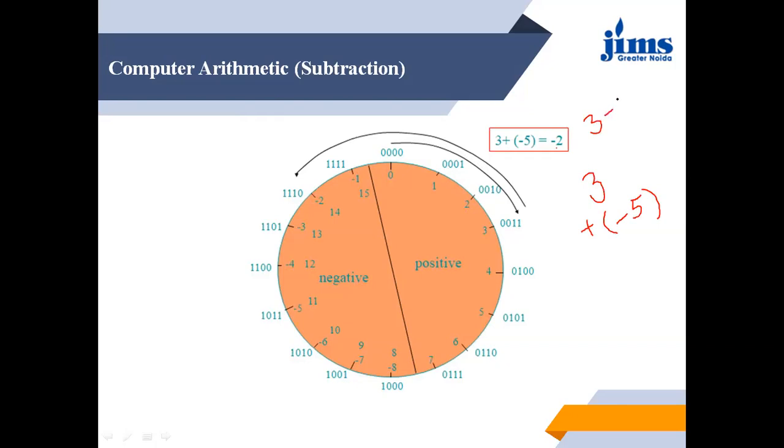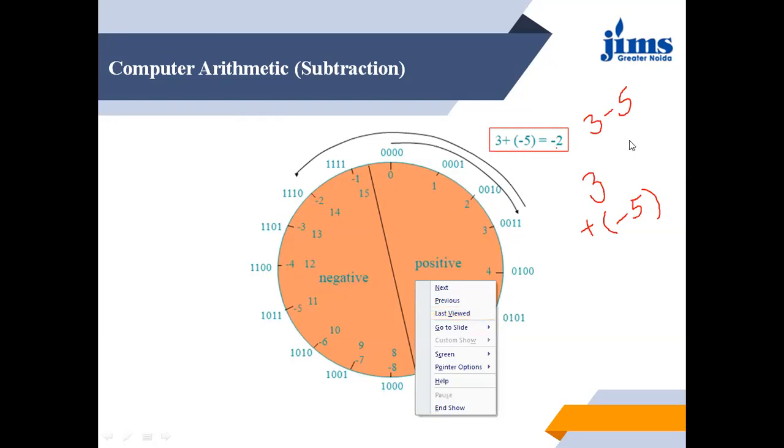But as I told you earlier, each and every operation is performed as an addition inside the computer. So negation cannot be performed directly. We have to take the 2's complement and add that to the other number.